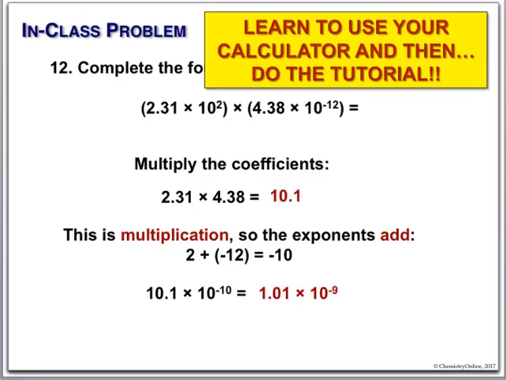But I really don't want you to sit on the exam and do this. I want you to take your calculator, punch in these numbers, and see the answer. Learn to use your calculator. We're going to use it a lot during the semester. Any questions?